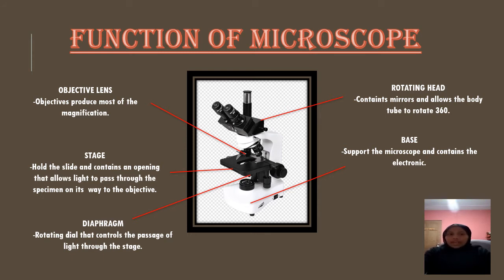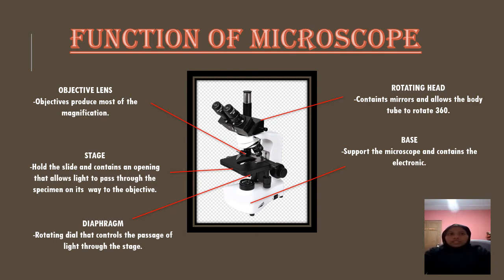Numbers on the dial indicate the relative amount of light passing, with 5 being the most and 1 being the least. The stage function is to hold the slide and contains an opening that allows light to pass through the specimen on its way to the objective.